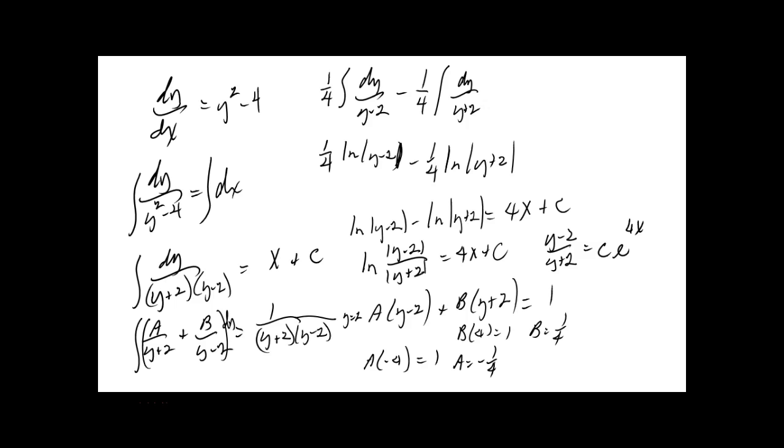I put the C in front, and by the way, to get rid of the absolute value bars, they do plus or minus. I put the C in front of the 4x. They waited to do this later.